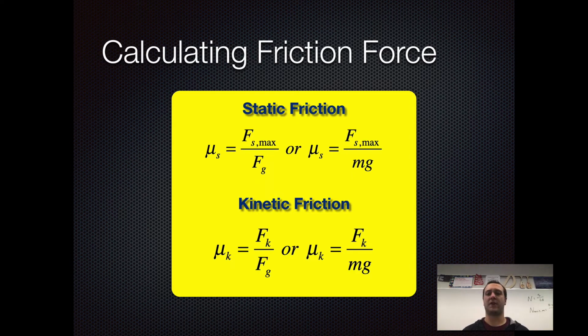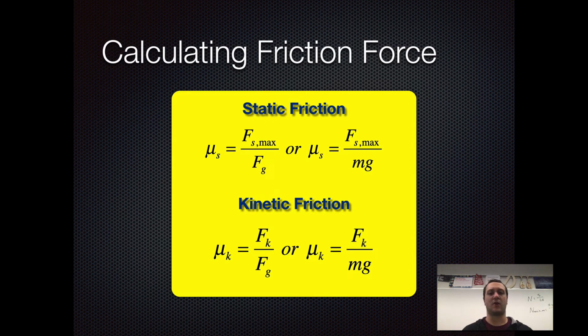So our static friction, which again reaches some maximum value, is going to be divided by the weight of our object, and that's going to get us our coefficient of static friction. Our kinetic friction, we can find the exact same way, where our coefficient of kinetic friction, mu sub k, is equivalent to the kinetic friction force divided by the weight of the object.